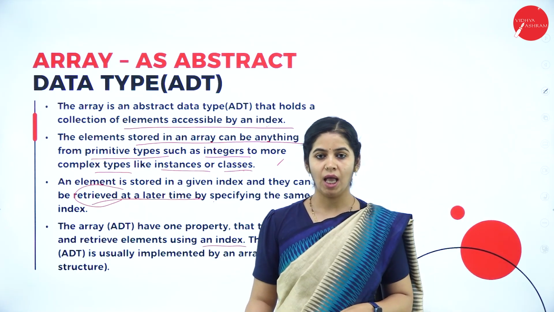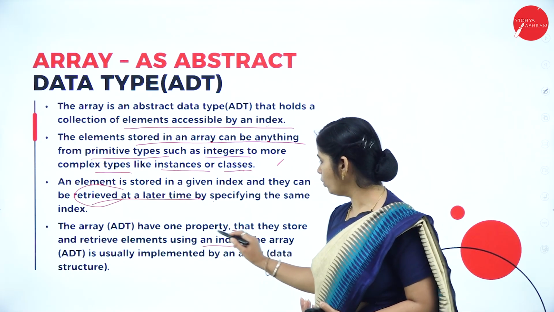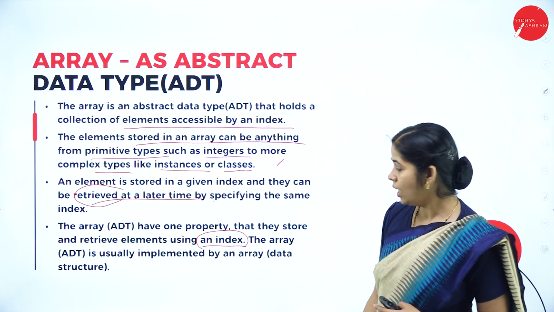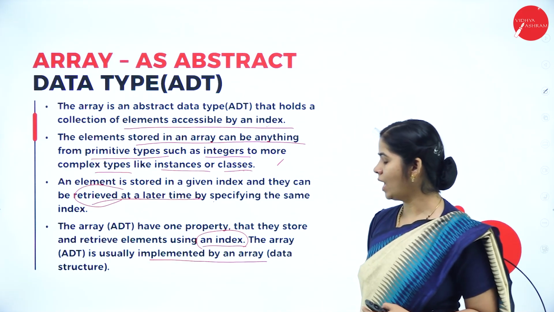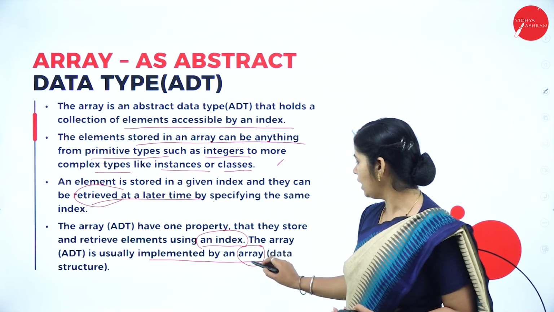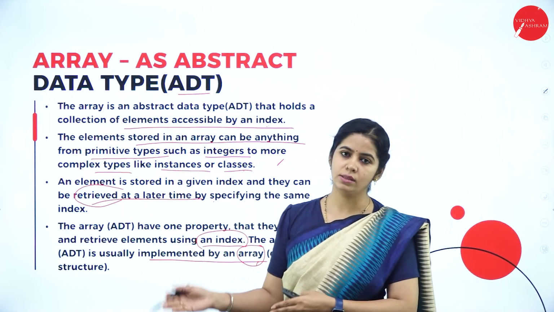Storing and retrieving of the data is only through the index. We don't have any other way to store or retrieve the elements of the array. The array is usually implemented by an array data structure. As we consider the array itself a data structure, the array falls under abstract data type.